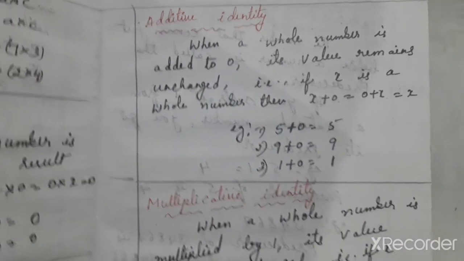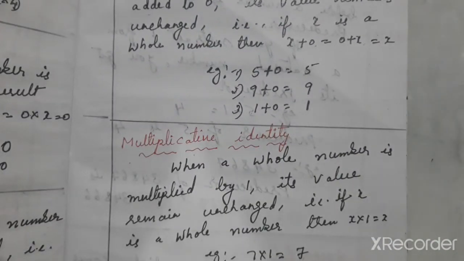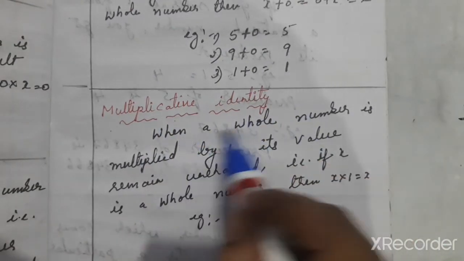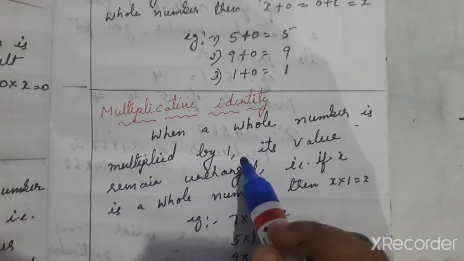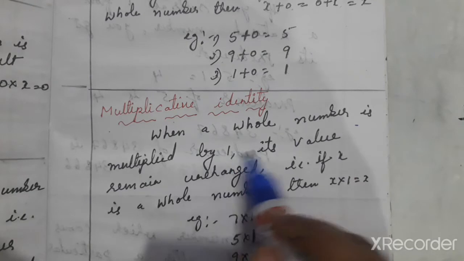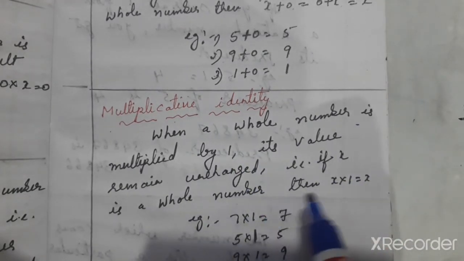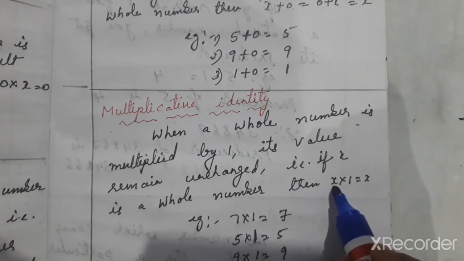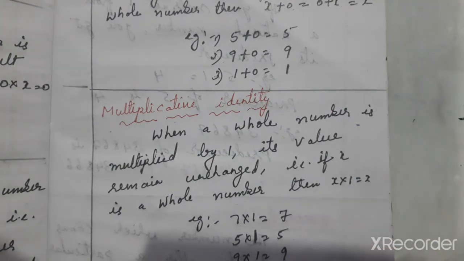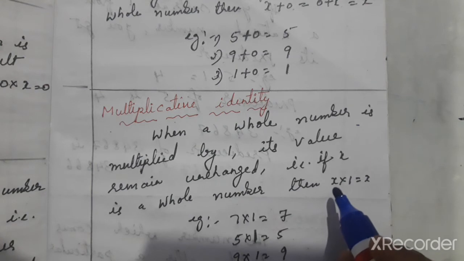At the same time, multiplicative identity. When a whole number is multiplied by 1, its value remains unchanged. That is, if x is a whole number, then x into 1, any whole number from 0 to infinity, 0, 1, 2, 3, 5 into 1 is 5, 6 into 1 is 6, the whole number itself.